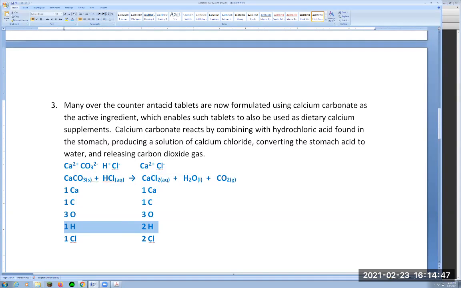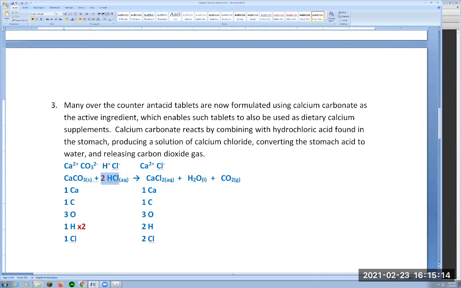So let's balance the hydrogen. We have 2 hydrogens on the right, so let's make it 2 hydrogens on the left by multiplying by 2 here. This coefficient of 2 will have to go in front of the HCl, because that's the molecule that has the hydrogen.